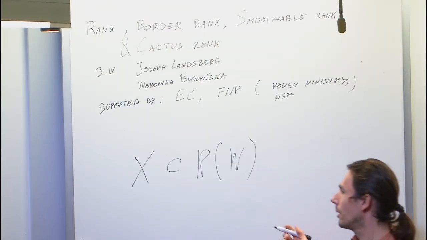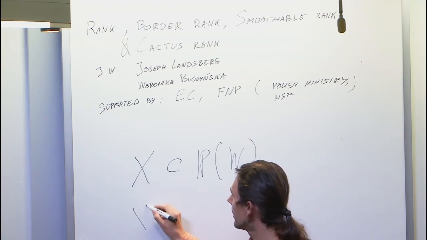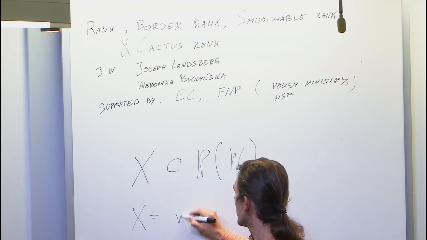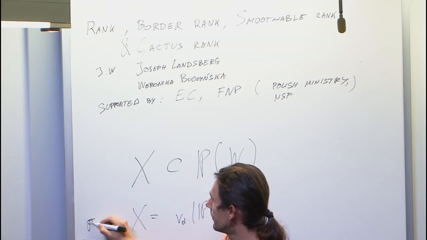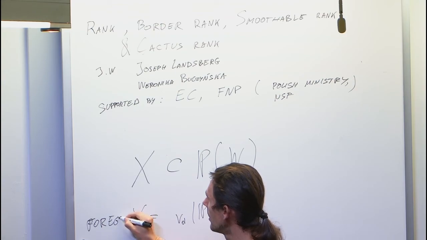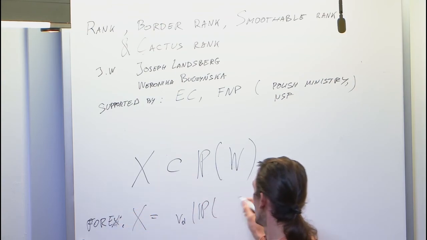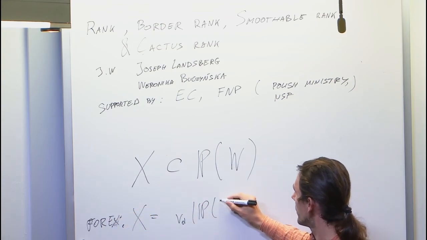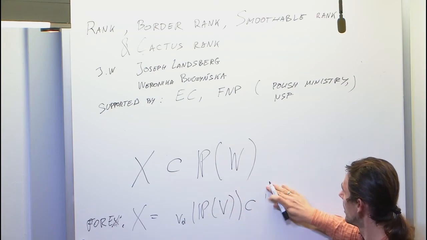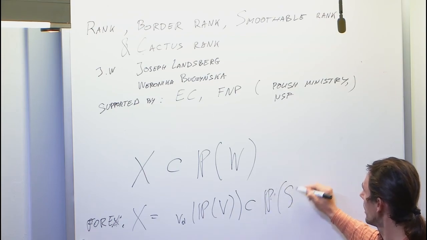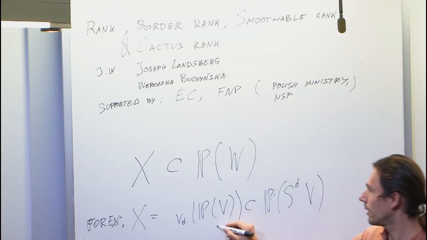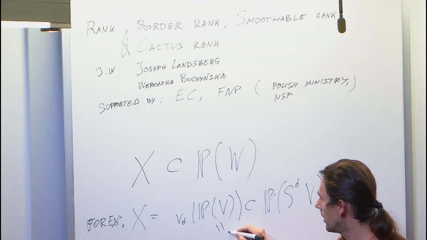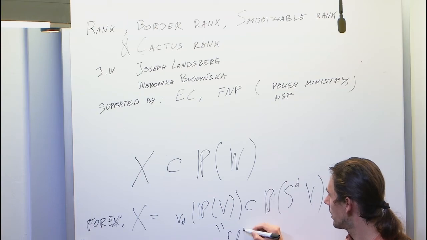And if you want, you can think that X is really a Veronese variety. The variety of some other vector space inside the projectivization of the symmetric tensor power of this, and this is just the set of simple symmetric tensors.